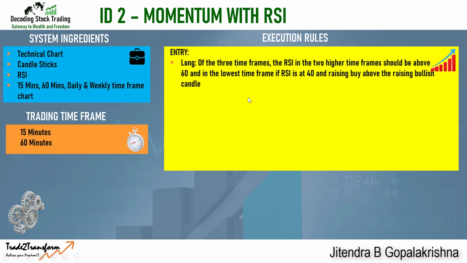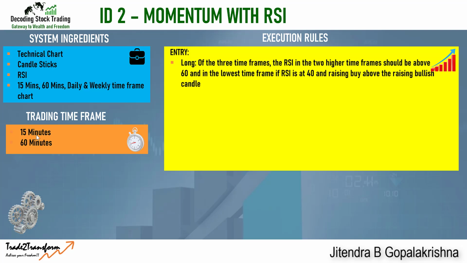When I say 3 time frames, listen carefully. If you are trading on the 15 minutes time frame, the 3 time frames you will consider are 15 minutes, 60 minutes and 1 day. If you are doing it on the 60 minutes time frame, the 3 time frames you will consider are 60 minutes, 1 day and 1 week.